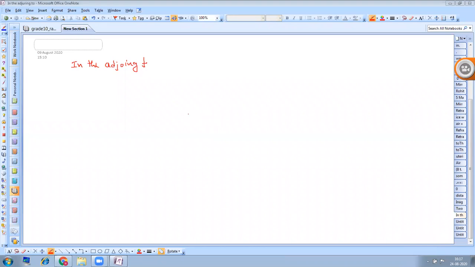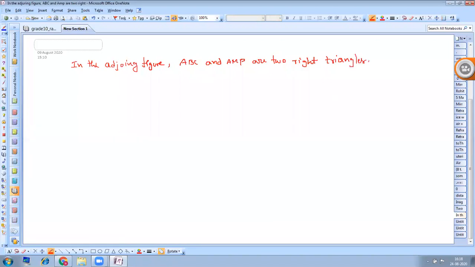In the adjoining figure, I will draw the figure here. ABC and AMP are two right triangles, right angled at B and M respectively. Prove that triangles ABC and AMP are similar.